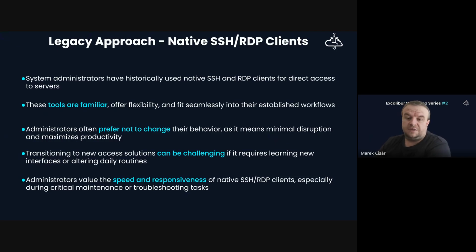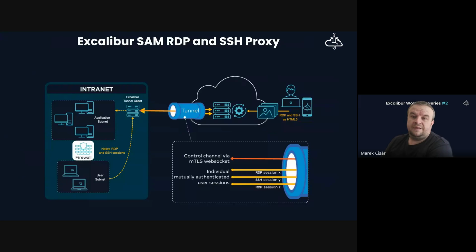That's the main reason why we decided to utilize a tunneling client. Okay, so using native SSH and RDP clients is still the reality. So we needed to adapt. So we did. And this is basically how it works.